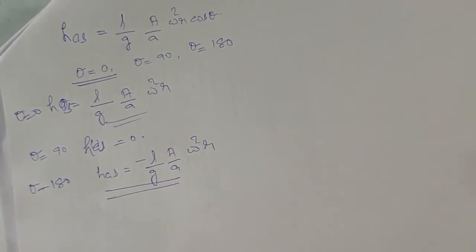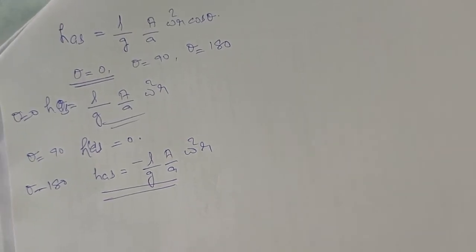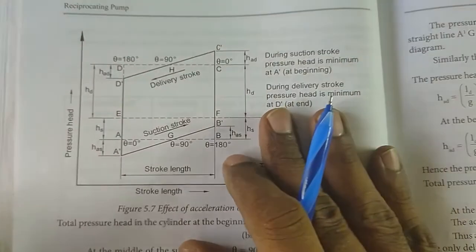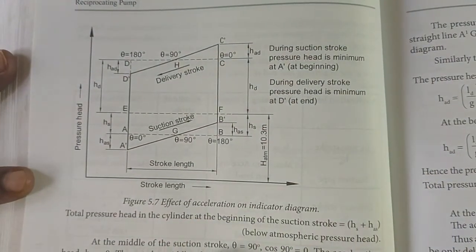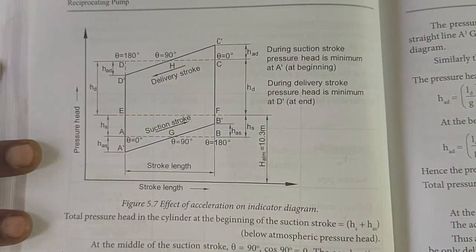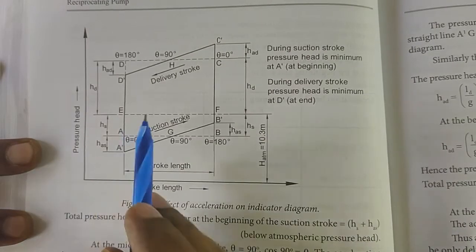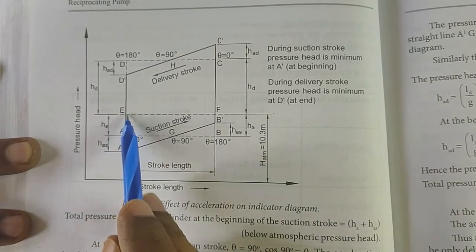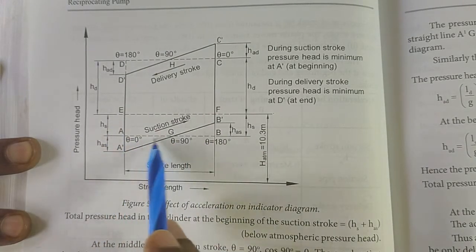So what will be the effect of acceleration head on the indicator diagram? We can look into that. This is the modified indicator diagram considering the acceleration head also. You can see the atmospheric pressure head, and the suction head shown in the dotted line.